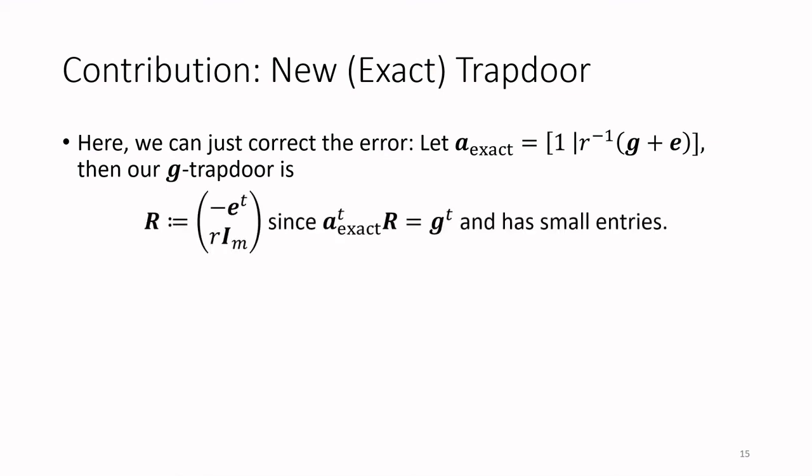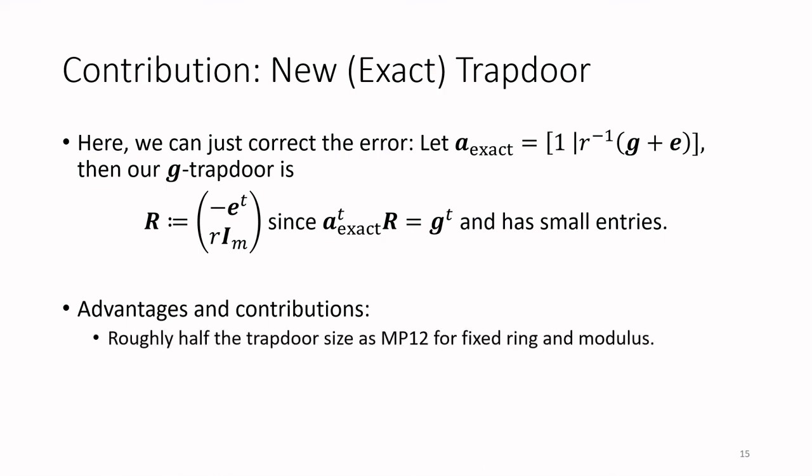And then we can use this simple matrix, given by E and R, to form the trapdoor. It has small entries, and it is also exact, so it corrects the error introduced by E.